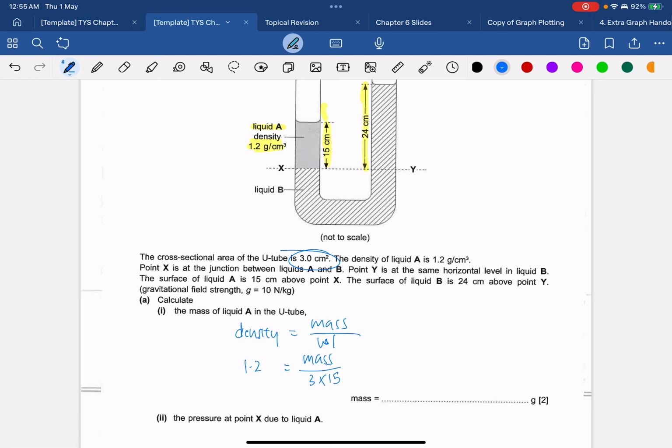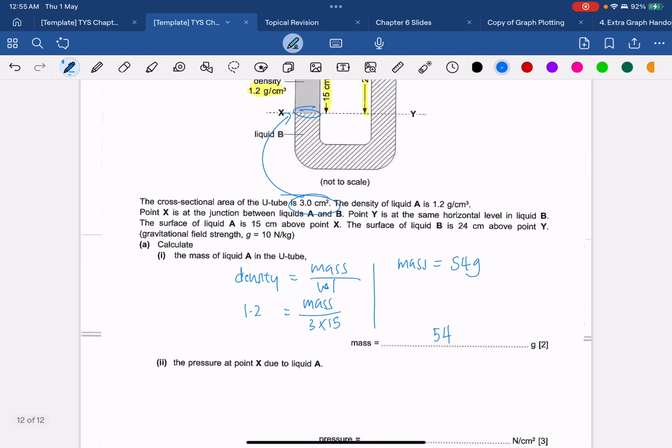So this will give me 1.2 times (3 times 15). Mass equals 54 grams. Because the cross-sectional area here is 3, that means it's like the thickness of the tube.